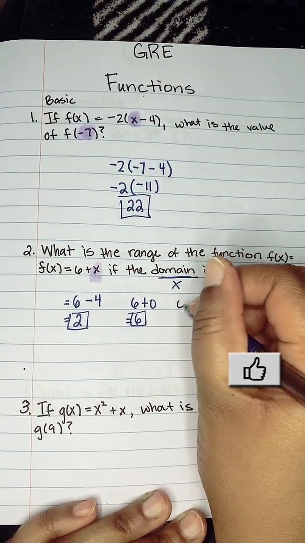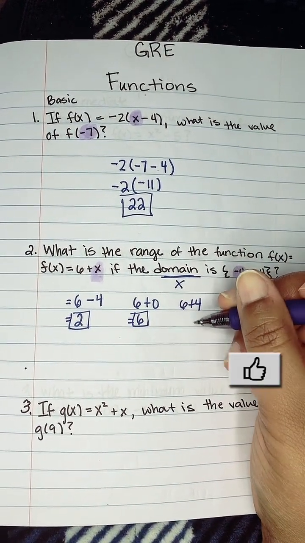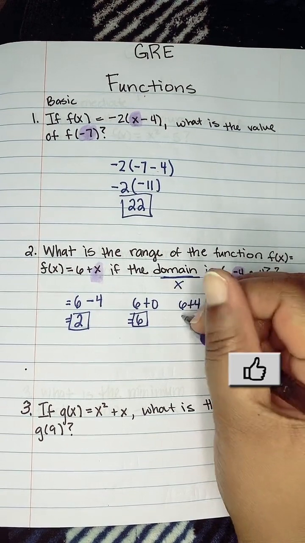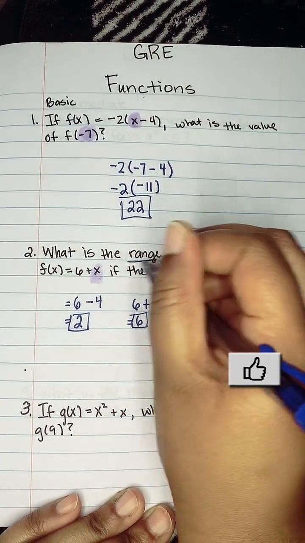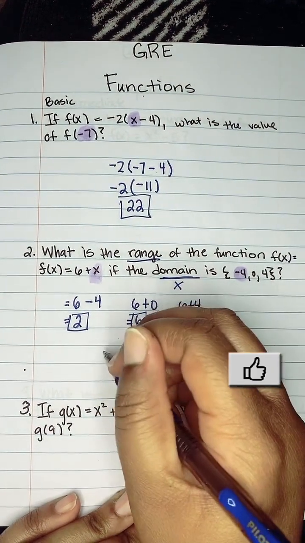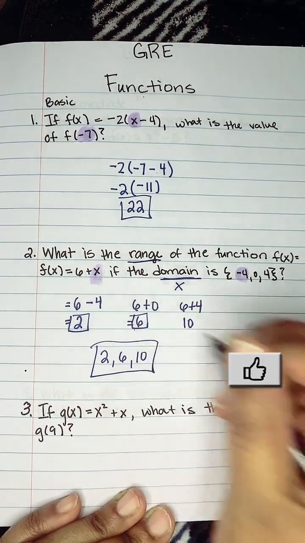And then we're going to plug in 4 here. 6 plus 4 is 10. So our range, which we found were our y's, is going to be 2, 6, and 10.